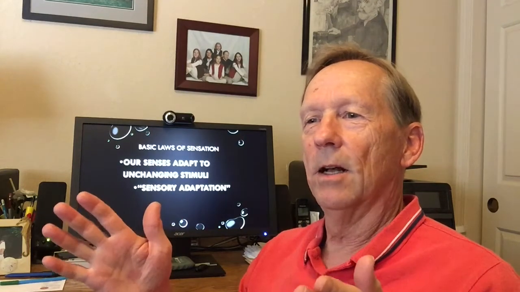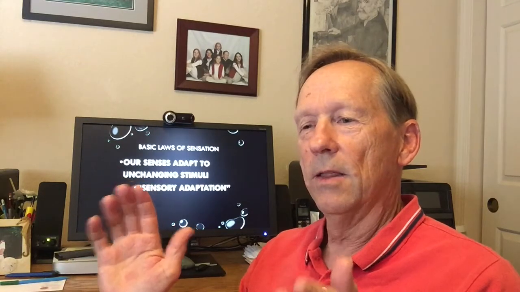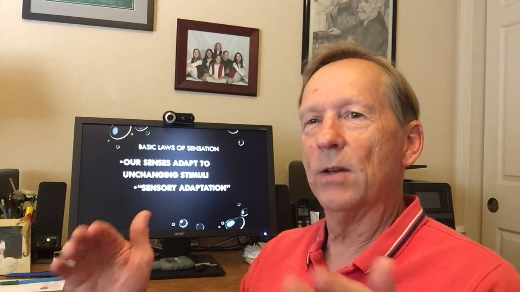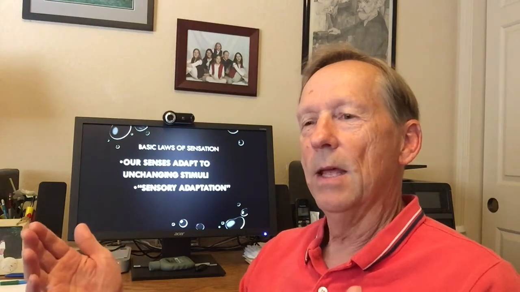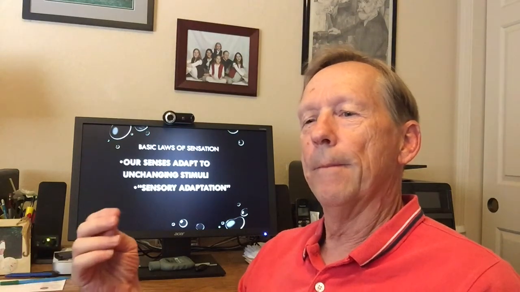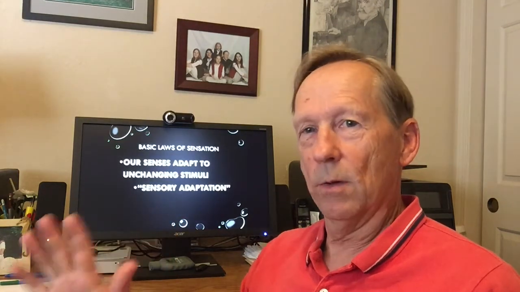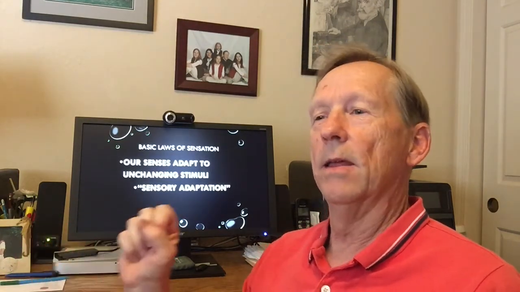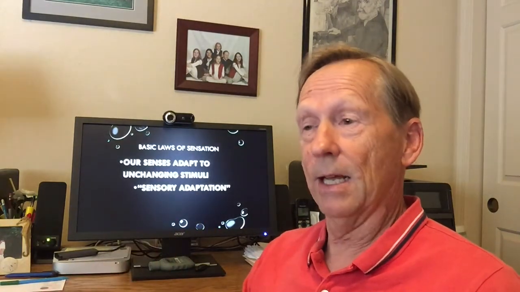The deal is, the sensory system will tell us when things change. It'll tell us about new things, but it shouldn't have to keep telling us again and again about things that are the same. So when we smell the burnt toast initially, and it's a new thing, then our nose sends these impulses to our brain rapidly again and again and again.